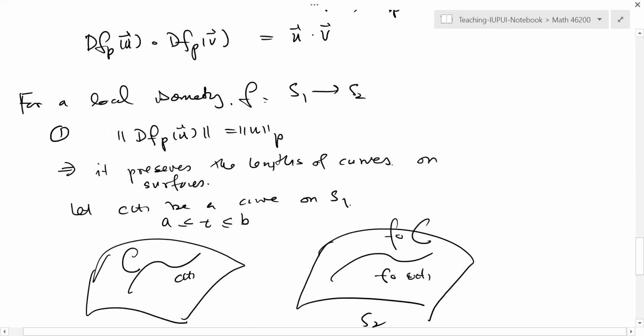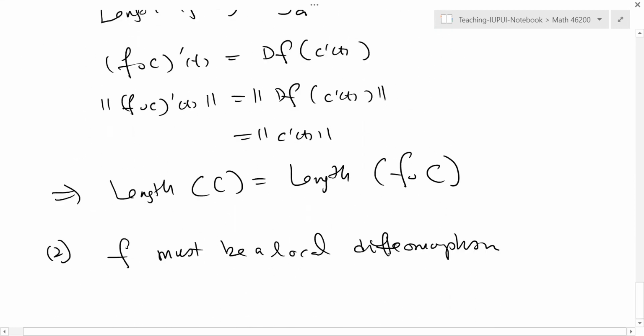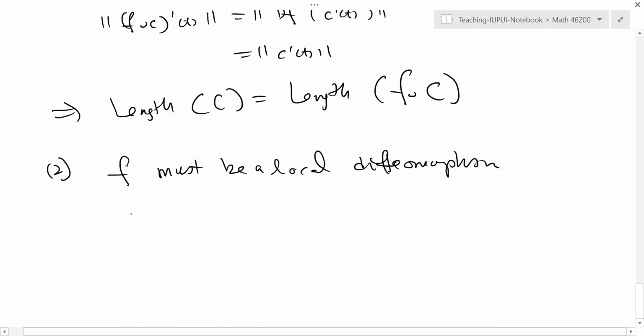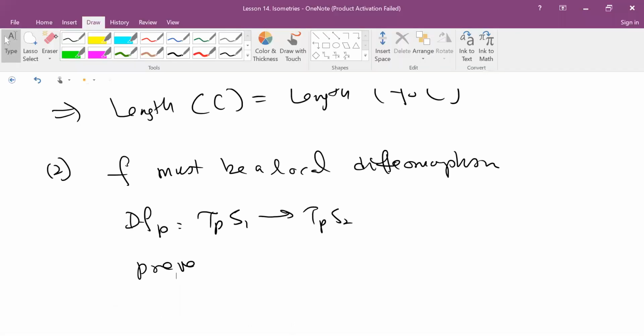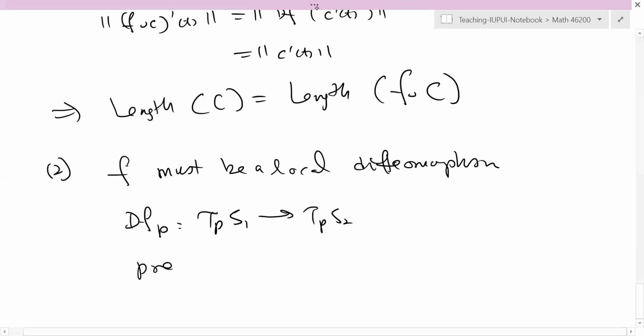This is a local isometry, just a smooth map. DFP is a linear map, and this linear map preserves the inner product, even the norm.